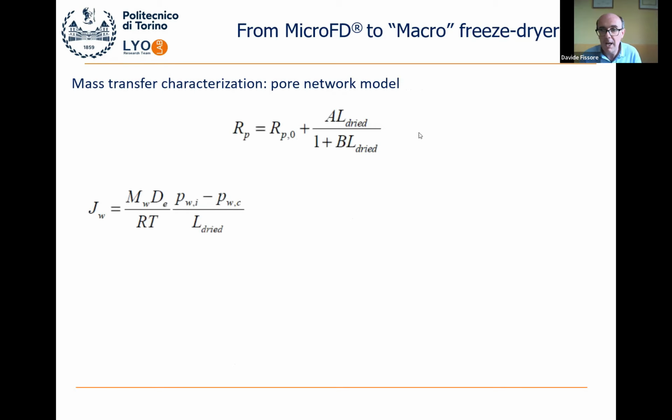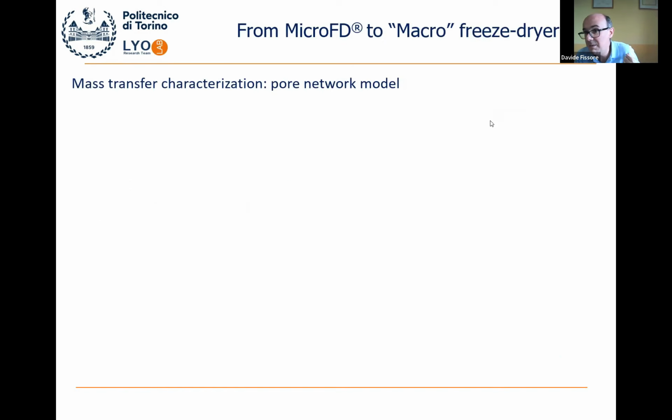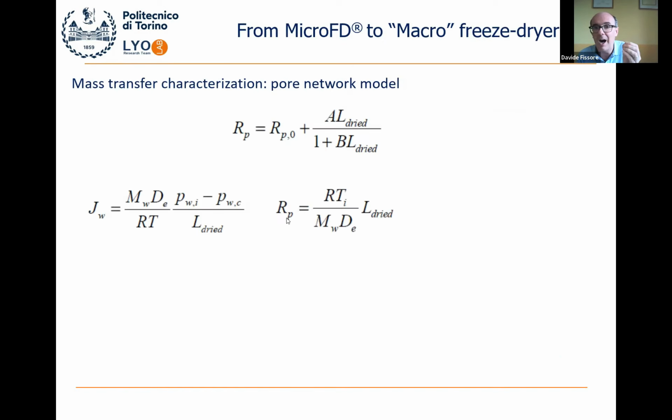According to the first Fick's law, the water vapor flow rate is written in this way: molecular weight of water, effective diffusivity, ideal gas constant, temperature, driving force, and the thickness of the dried layer. This equation and this one are exactly the same, provided that RP is written in this way.